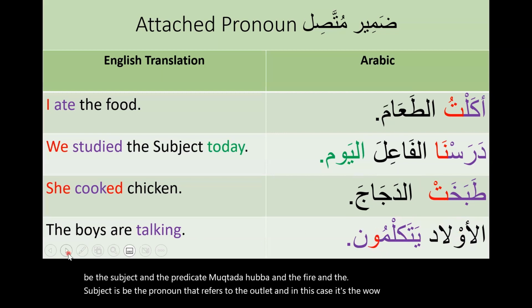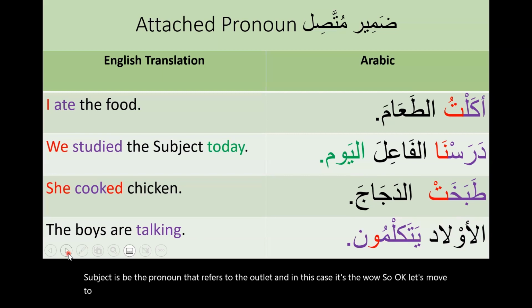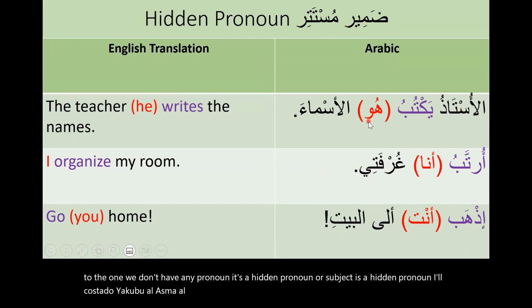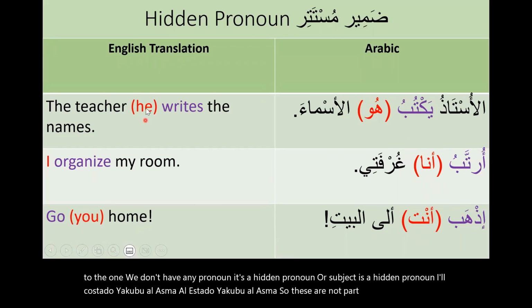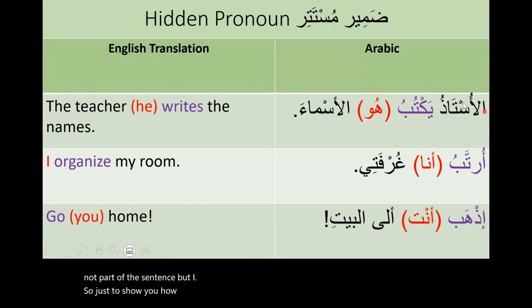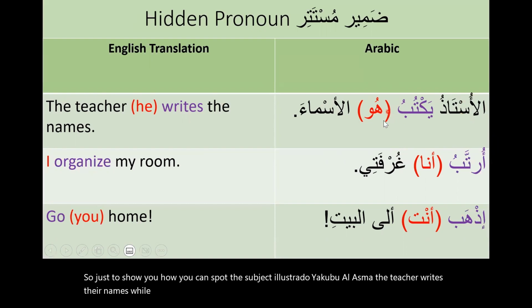So, okay, let's move to when we don't have any pronoun shown, it's a hidden pronoun, or the subject is a hidden pronoun. الأستاذ يكتب الأسماء. So these in red are not part of the sentence, but I inserted them just to show you how you can spot the subject. الأستاذ يكتب الأسماء. The teacher writes the names. Well, the subject here is a hidden pronoun, and the hidden pronoun is he, هو.